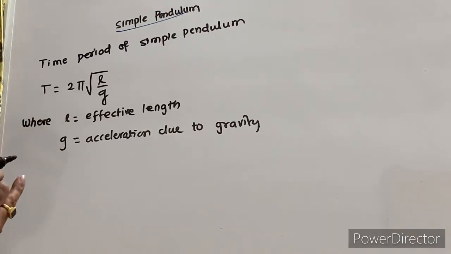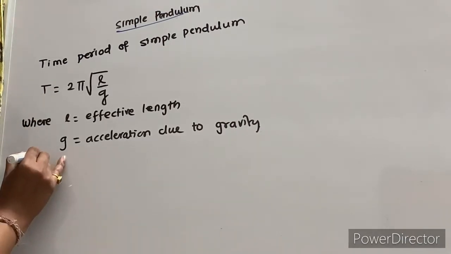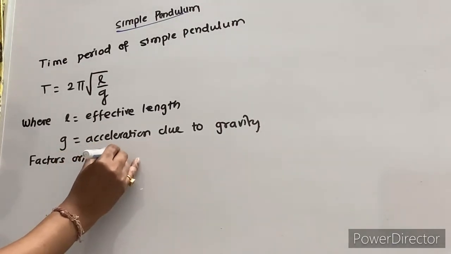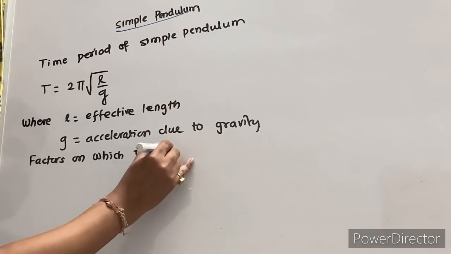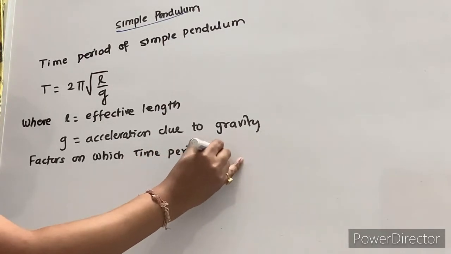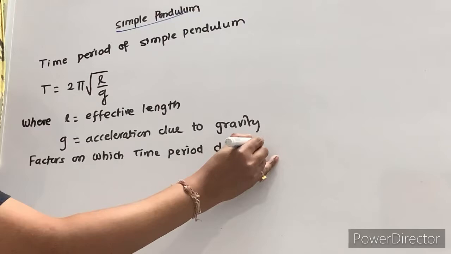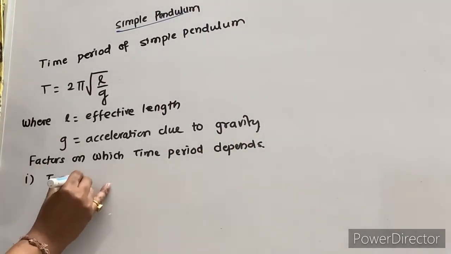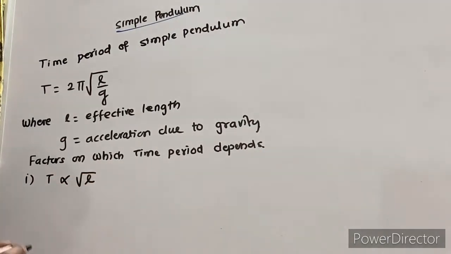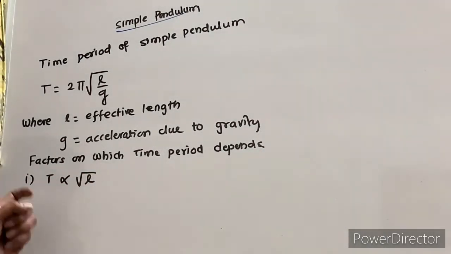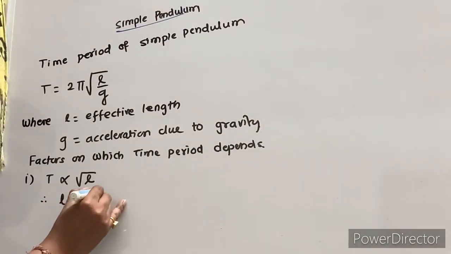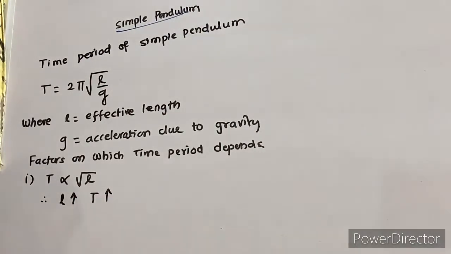Now time period depends on two factors. One, time period is directly proportional to the square root of effective length. Therefore, if you increase the effective length, time period will also increase, so frequency will decrease.